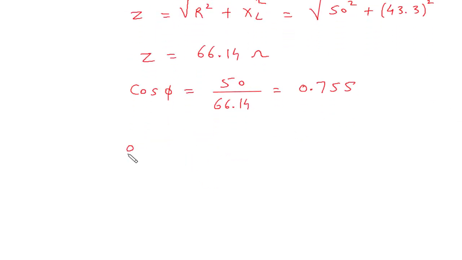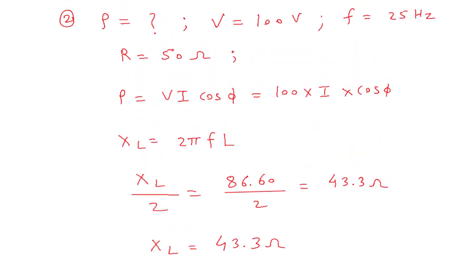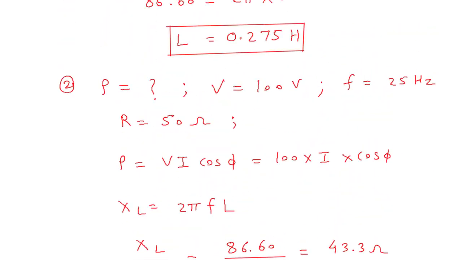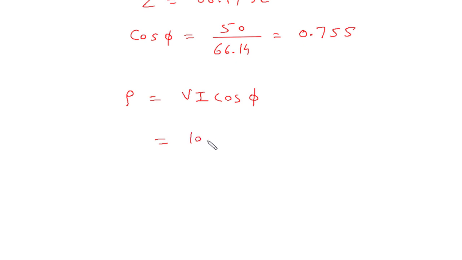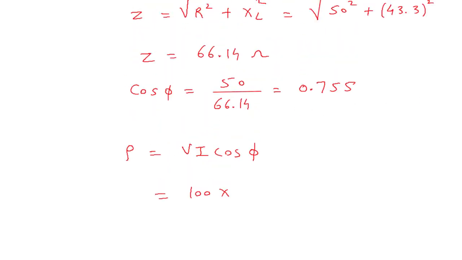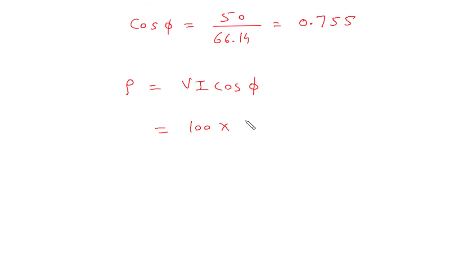Now power P is equal to VI cos phi. So voltage is 100 volt into current. Now current we can find by using I is equal to V by Z, and cos phi is 0.755.